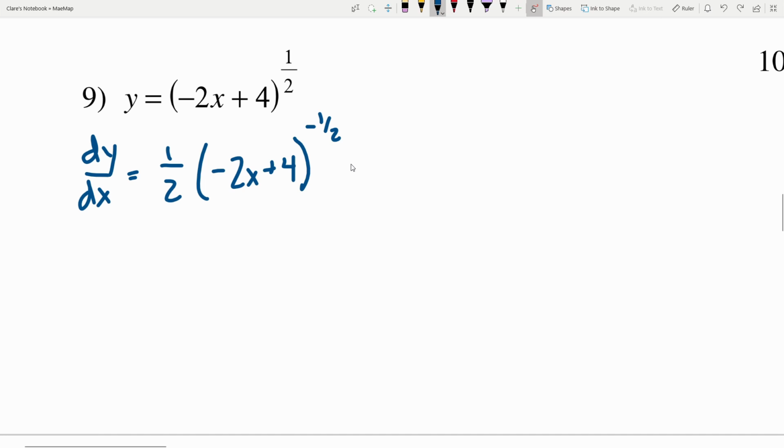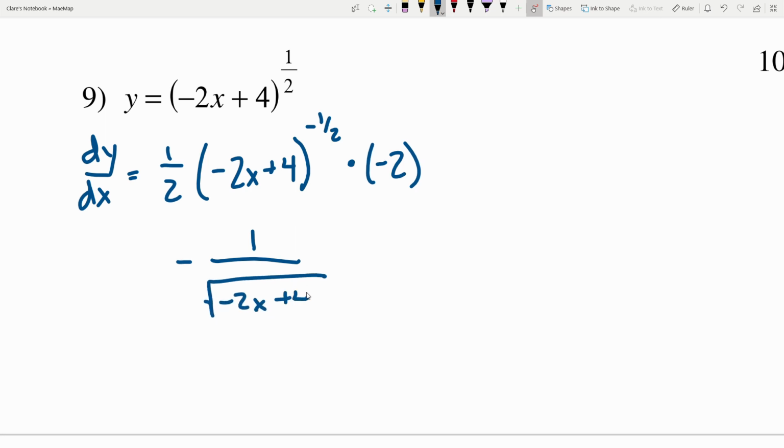And the derivative of negative 2x plus 4 is going to be a negative 2. So simplifying my derivative down, negative 2 times 1/2 is going to be negative 1. So my derivative is actually going to be negative 1 over the square root of negative 2x plus 4.